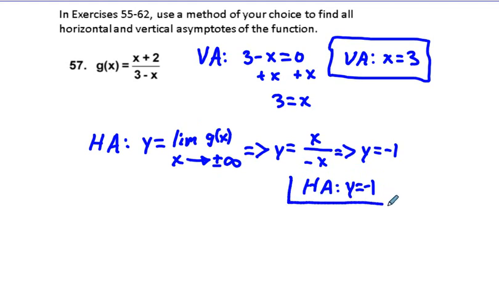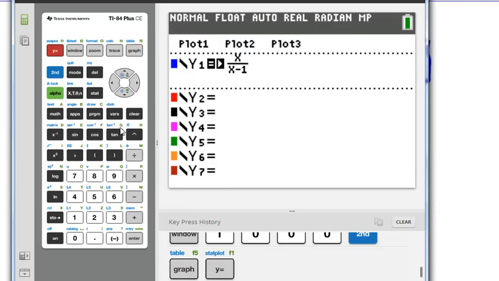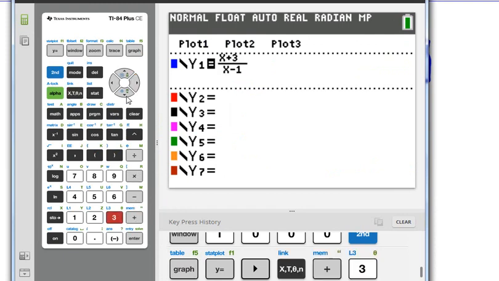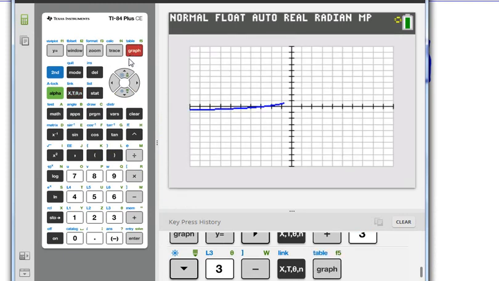And for corroboration, okay, x plus 3, 3 minus x, we should see the same thing. So we have x plus 3 in the numerator. In the denominator we have 3 minus x. And we graph the function. This is what we get.